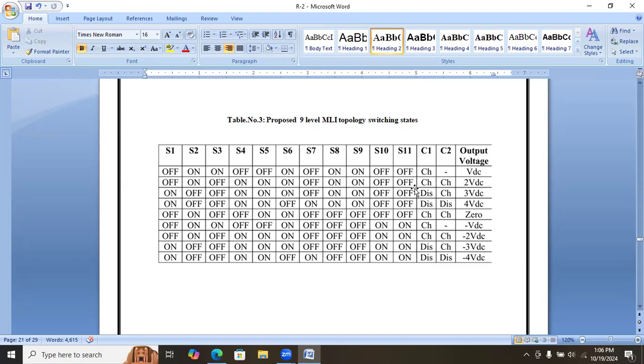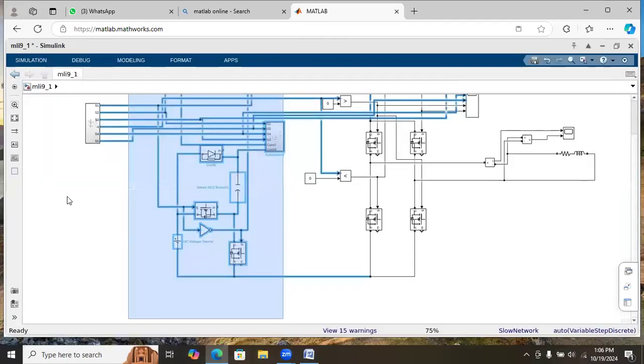For VDC and 2 VDC, capacitors will be charging, and for 3 VDC and 4 VDC, capacitors will be discharging. Similarly for the negative cycles. So totally we will get 9 levels: positive 4 levels, negative 4 levels, and with the 0 level we get 9 levels. According to the switching, we have to generate the pulses.